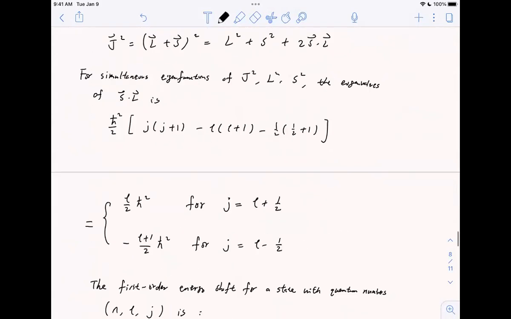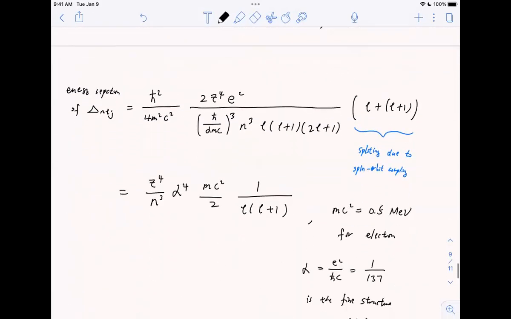So what follows here is for L not equal to 0. If L is 0, of course this will not be well defined. But since it's S dot L, if L is 0, then there's 0 spin-orbit coupling. So spin-orbit coupling is not for S state. It's only for P or D or F state.